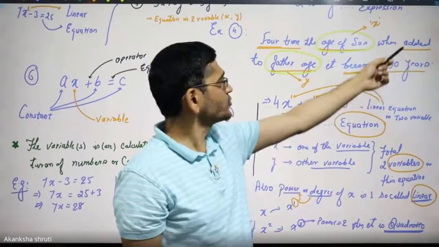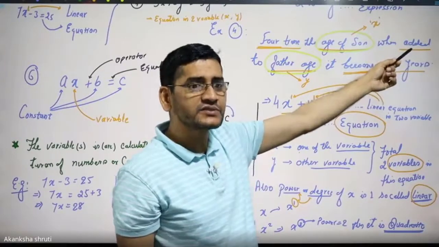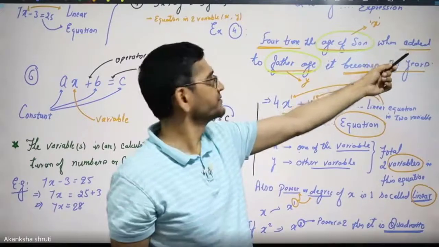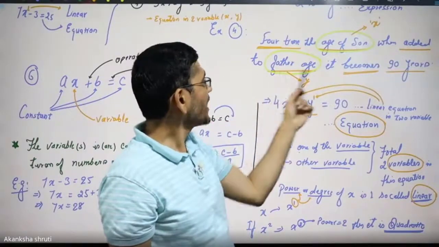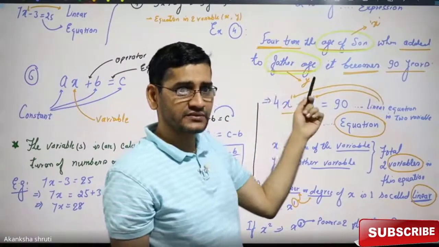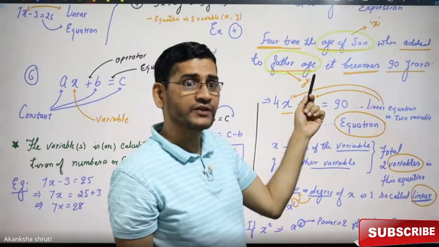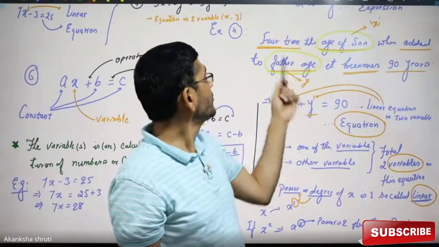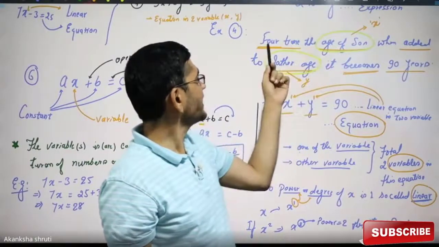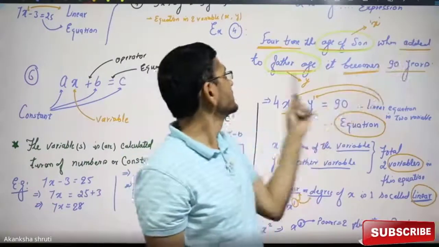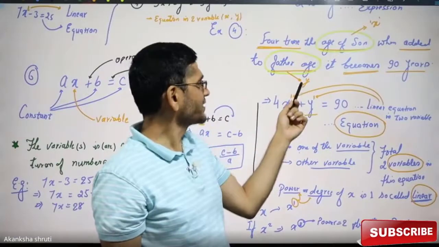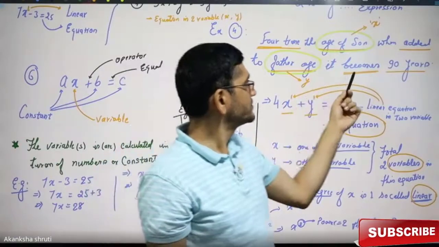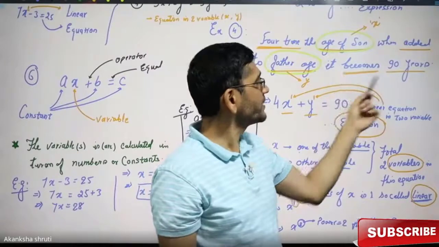When added to, add means this symbol or operator, addition, to father's age. Here the age of father is also unknown, so that is treated as variable y. Now it means 4 times x plus y is equal to, it becomes 98.